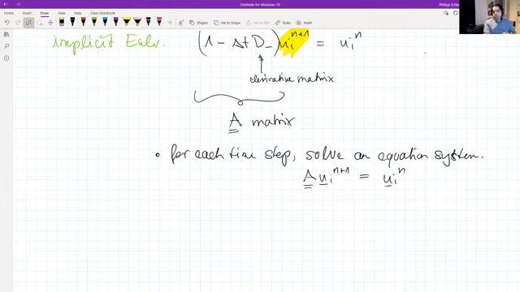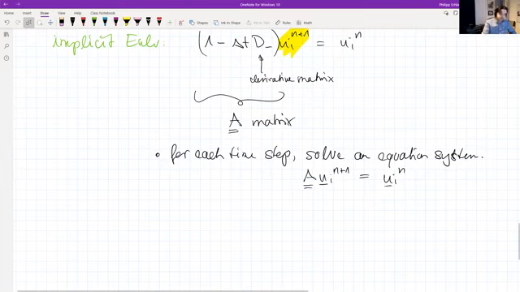Now, how expensive it is to solve that system depends on the type of finite differences or the type of discretization you choose, and maybe also to some extent the accuracy that you want. You can think of iterative schemes, perhaps. Maybe this doesn't need to be solved very accurately. But still, the idea here is you need to solve a system which is more expensive or more complicated than what you have done for the explicit scheme.